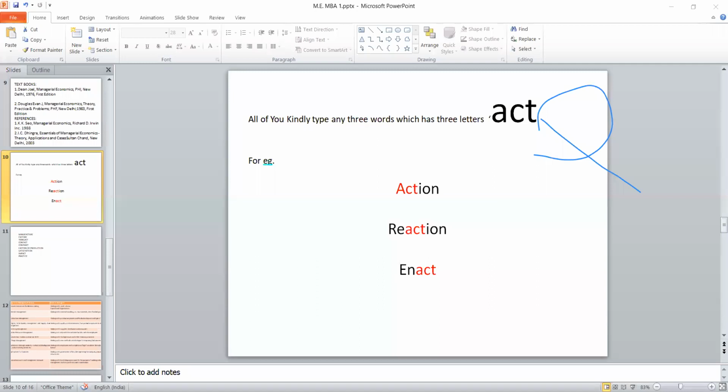Active. Enact. Active. That's a repetition of words. Yes, Vicky, you raise your hand.